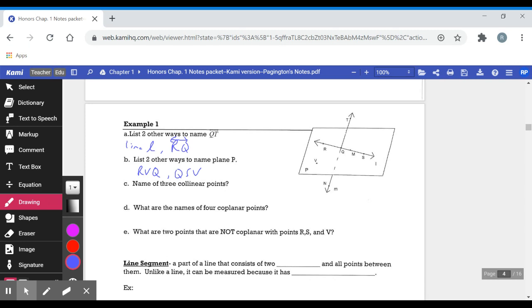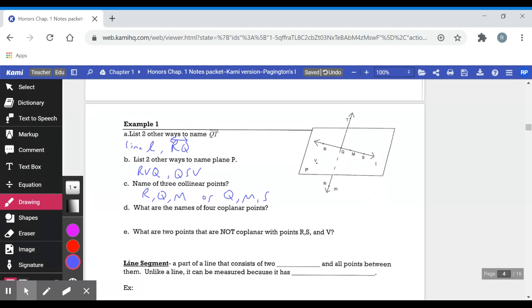All right, on C, it says name 3 collinear points. So that's just asking for 3 points that are on the same line. And if I'm naming points, I want to make sure I put commas in between. So in this case, I can say R, Q, M would be fine. Or someone else might say Q, M, S, that would be fine. But again, you're just naming 3 points that are on the same line.